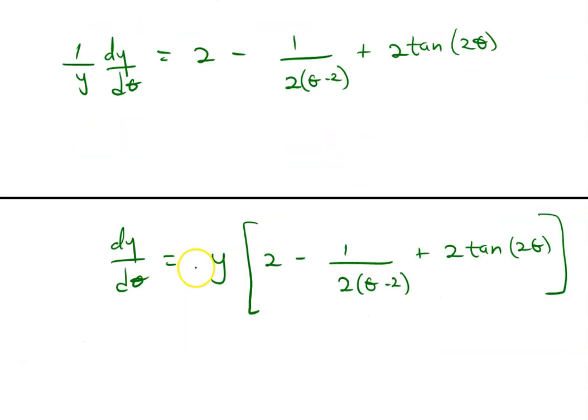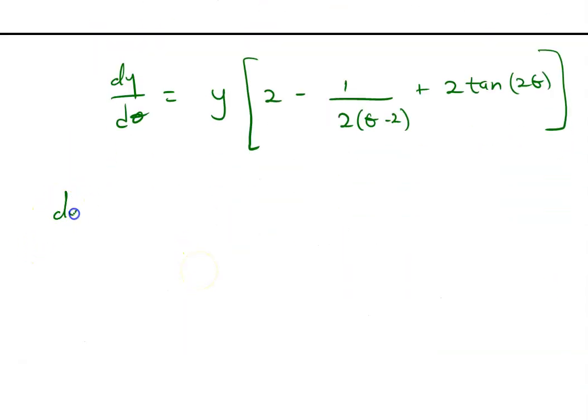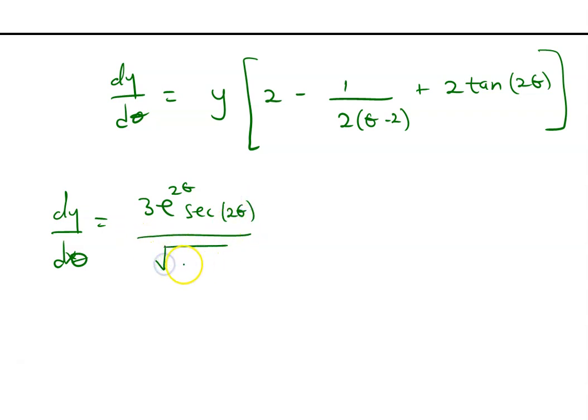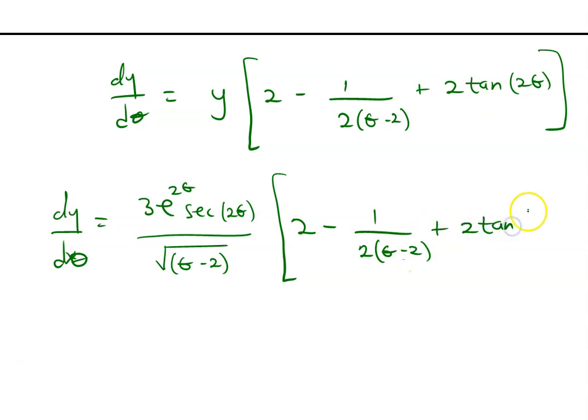So you replace that y. Dy on d theta is equal to 3e^2 theta sec 2 theta, all on the square root of theta minus 2, multiplied by 2 minus 1 on 2 into brackets theta minus 2, plus 2 tan 2 theta.